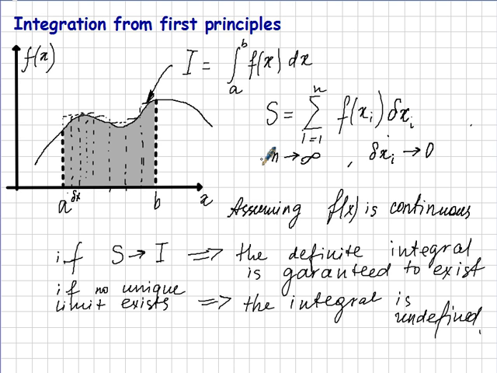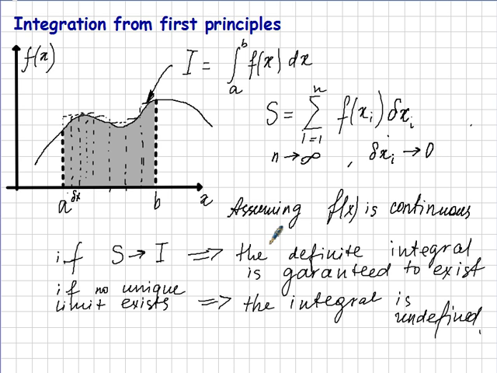Now if n is allowed to tend to infinity in any way whatsoever, then the length of each subinterval is going to be almost zero, or we say tends to zero.